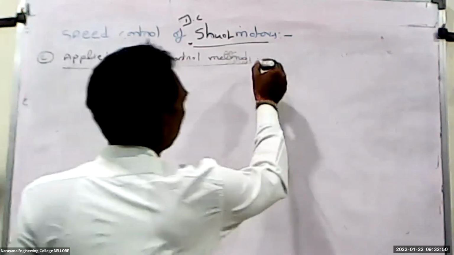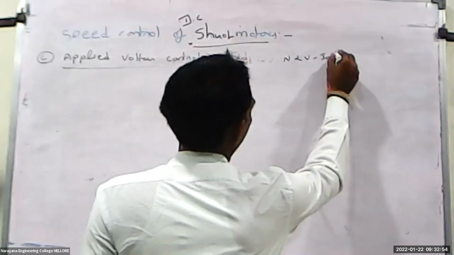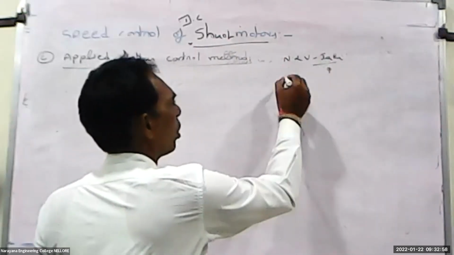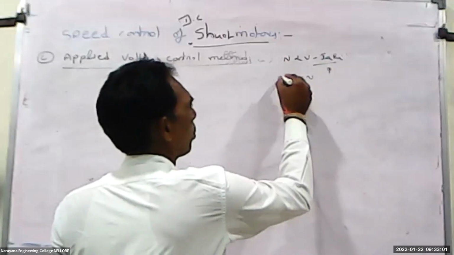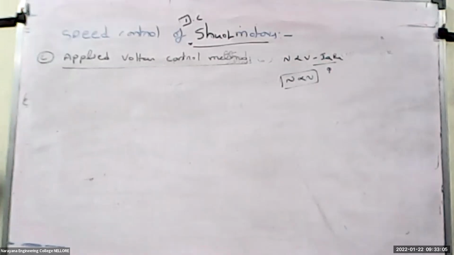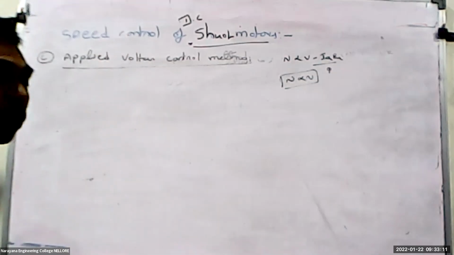Previously we know that N is proportional to IA RA by phi. Here phi is constant, the second term is constant, so N is directly proportional to V. So by changing the value of supply voltage, we can change the speed of the DC shunt motor.